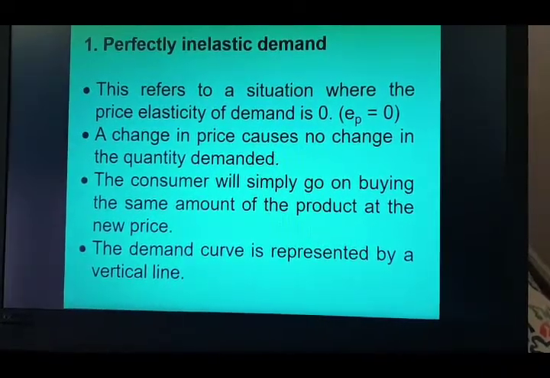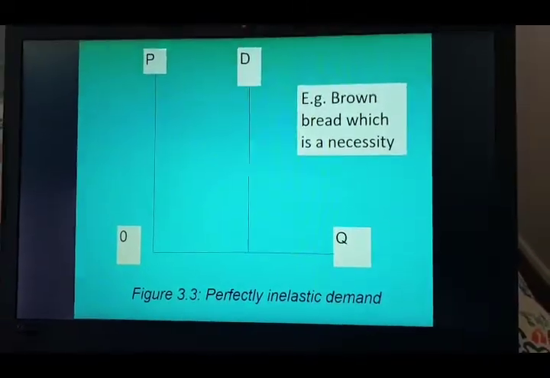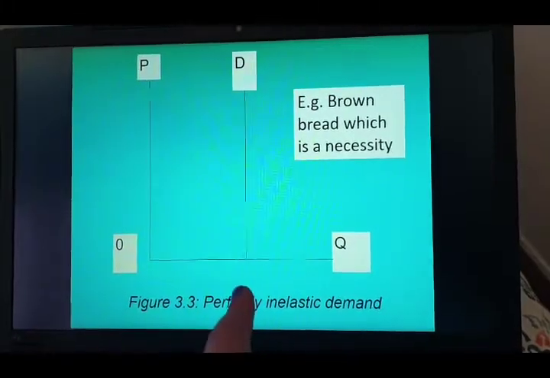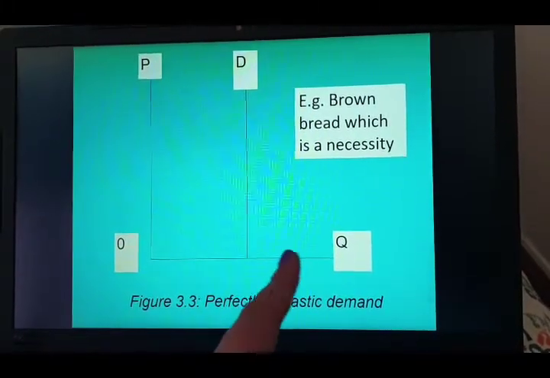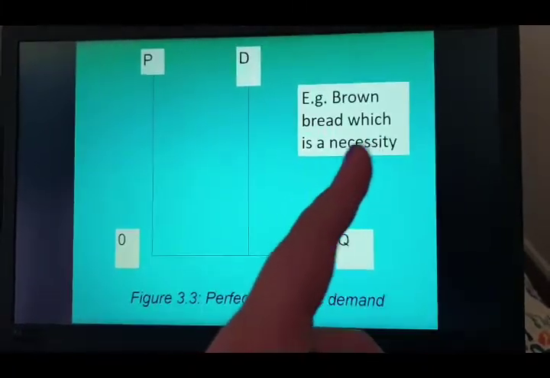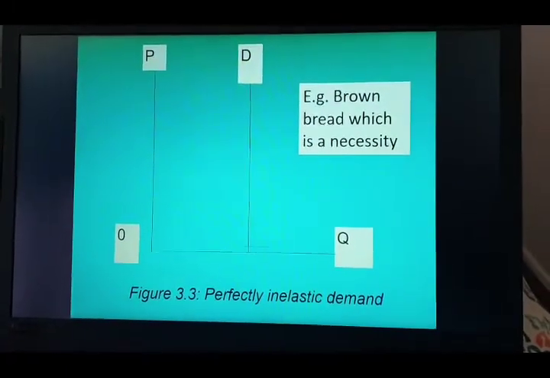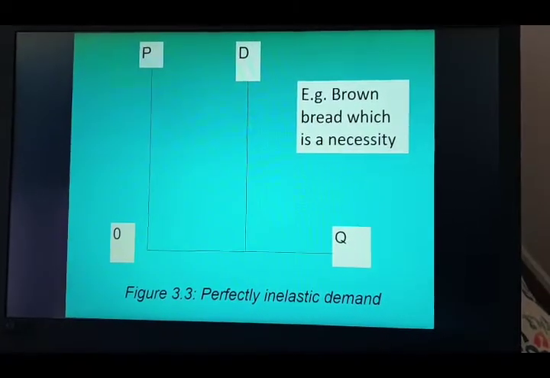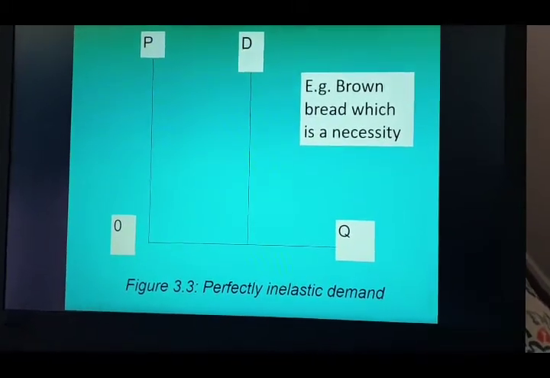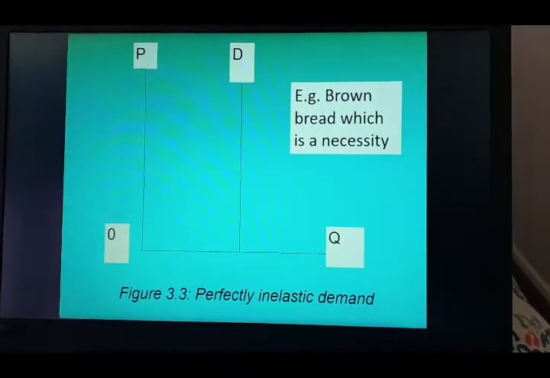The demand curve is represented by a vertical line. You'll see it's a solid vertical line, meaning that there is no change. It's fixed. For example, brown bread, which is a necessity, can even be white bread. People will still continue buying it even if there's a change in the price. So perfectly inelastic demand means absolutely no change in the demand.